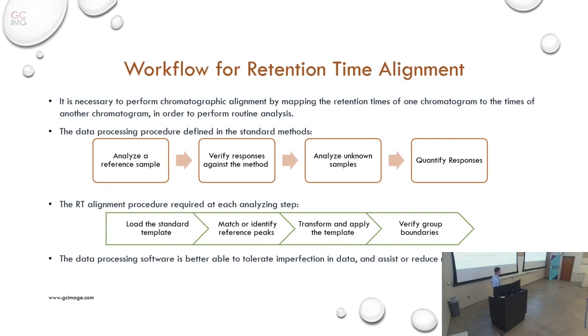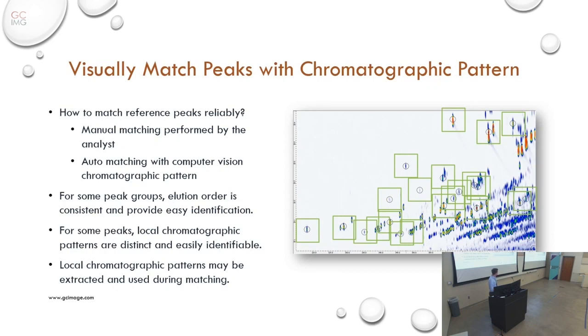So ideally, it would be nice if the data processing software was able to help with this process, either entirely, or if manual intervention is necessary, to smooth that process as well. So we are proposing performing peak matching using the local chromatographic patterns of peaks and using a vision-based approach to match those across chromatograms.